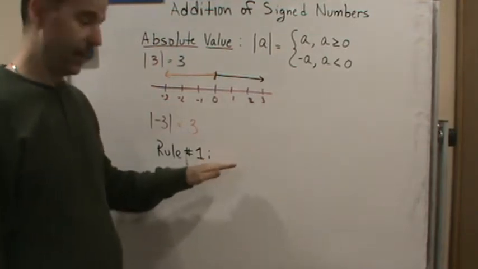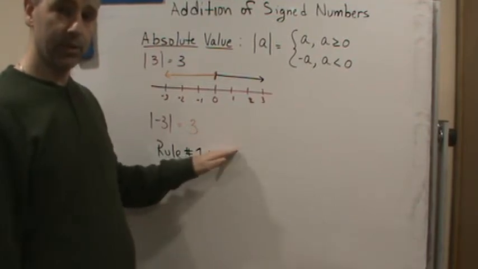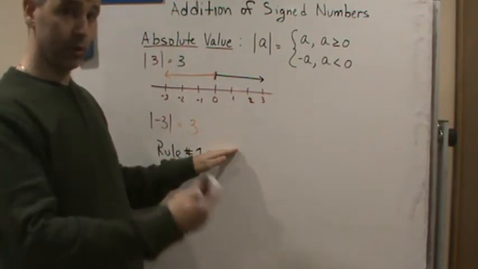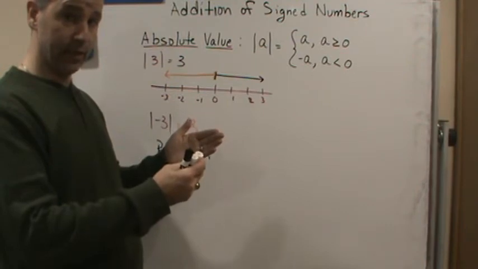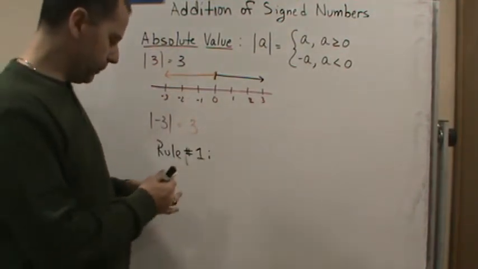Okay, so let me say that another way. If the 2 numbers you're adding together have the same sign, so they're both positive or they're both negative, then all you do is just add the values together and keep the sign. Okay? Rule number 2.